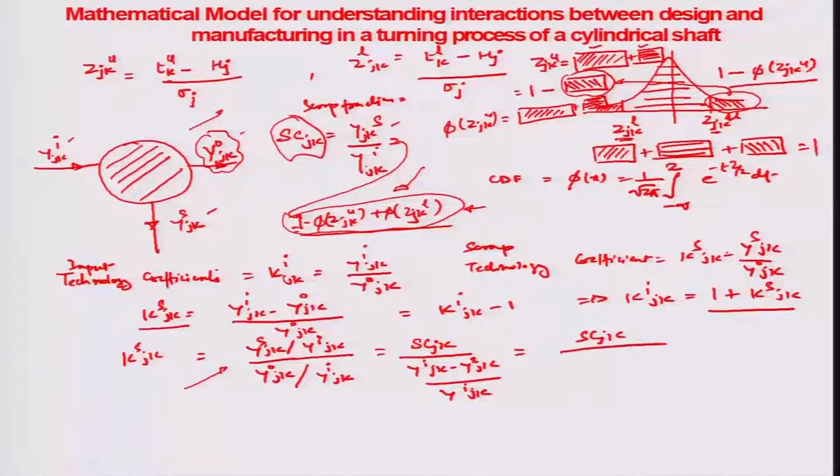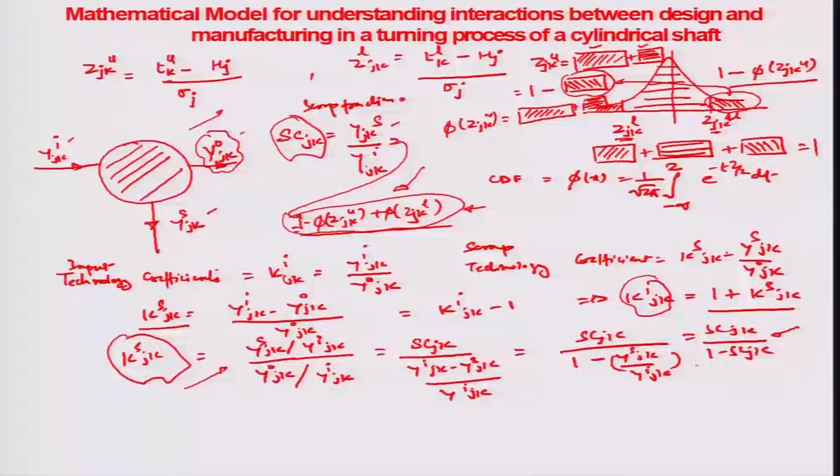So, we can record this as 1 minus y s j k by y I j k, or in other words S c j k by 1 minus S c j k. So, we can calculate the scrap coefficient by looking at normal tables, and finally the input coefficient from the scrap coefficient by using this relationship. That is all we have to take care of.